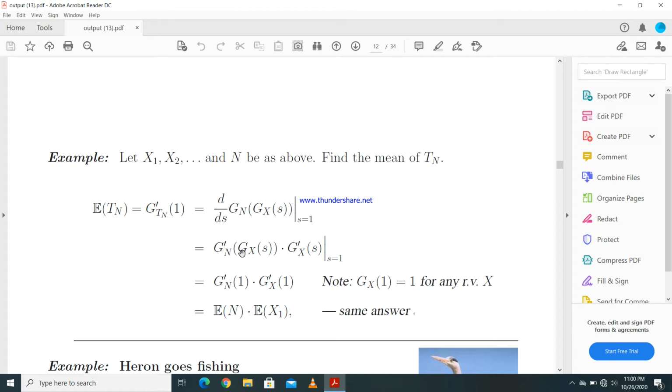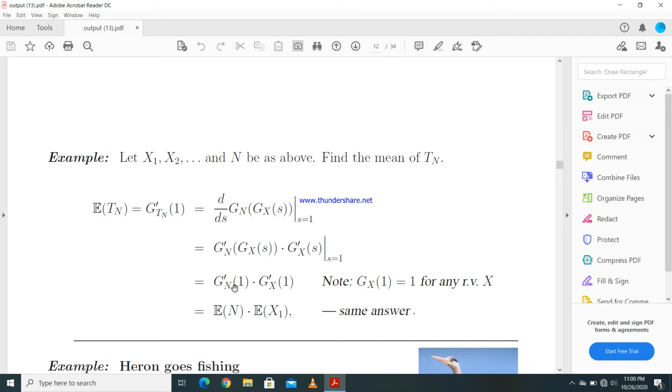Here you have Gx(1), and we know from the last lecture that for any random variable, when you substitute 1 in the probability generating function, it is equal to 1.